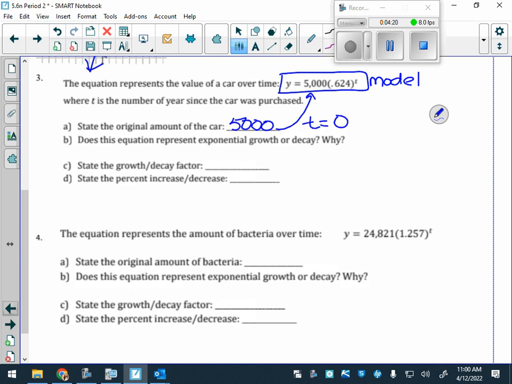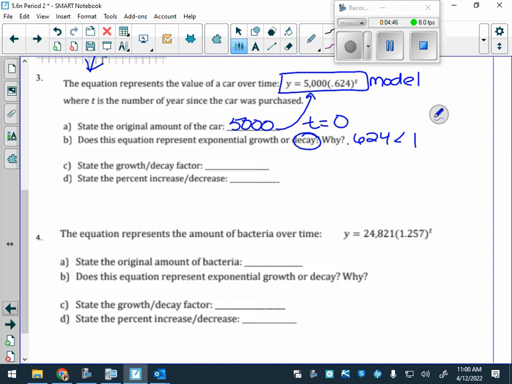If you want to make sure, t equals 0. Is this equation growth or decay, Mustafa? Why? Okay. 0.624 is less than 1, making it a decay.